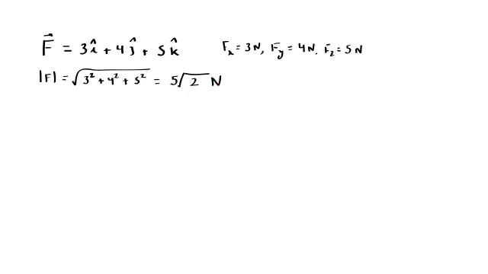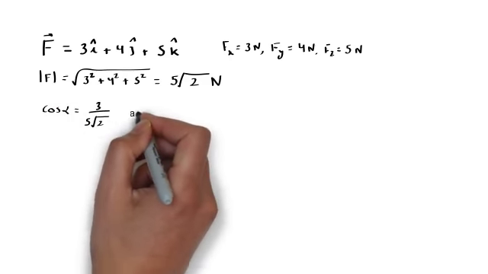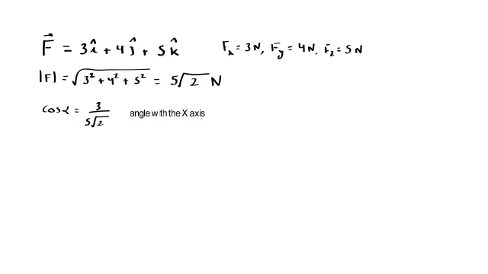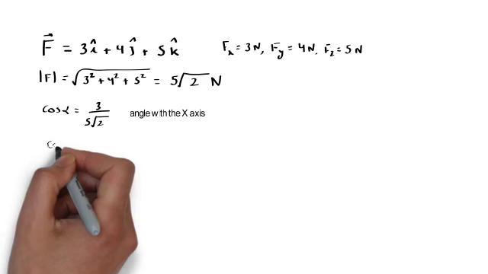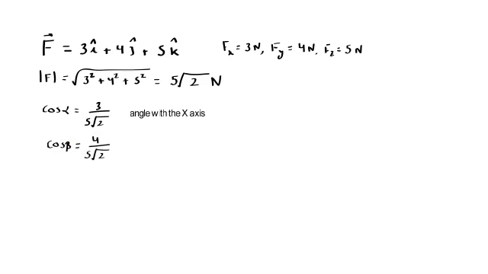The angle that this vector F equal to 3i cap plus 4j cap plus 5k cap makes with the x-axis will be given by cos alpha equal to 3 upon 5 under root 2, and the angle that this vector makes with the y-axis will be given by cos beta equal to 4 upon 5 root 2, where 4 is the y component of the vector and 5 root 2 is the magnitude of the vector.